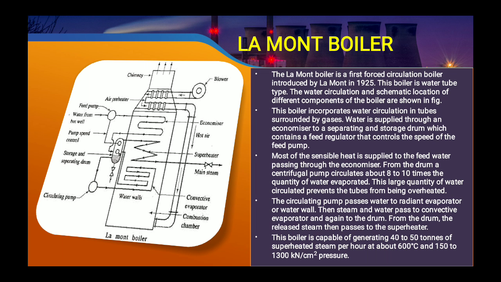The Lemmon boiler was invented by the scientist Lemmon in the year 1925. This boiler is a water tube type. Actually, most of the modern high pressure boilers are water tube type.